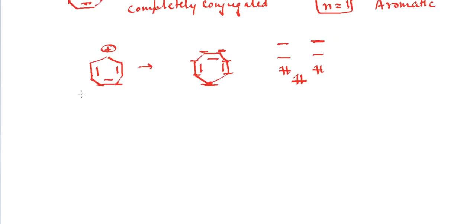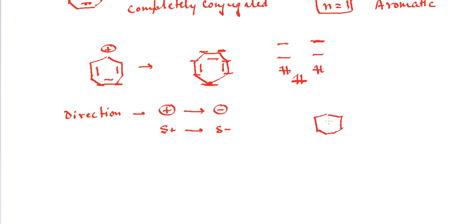Now about the dipole moment, we know the direction for dipole moment is from positive towards negative, or we can say from partial positive towards partial negative. In this molecule we have a plus charge, so that means this molecule has a positive charge on it.